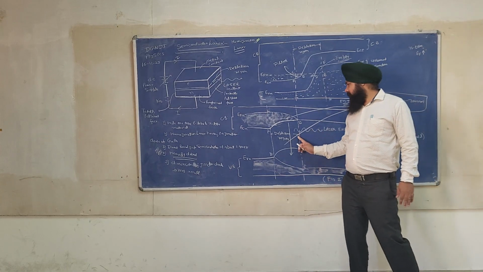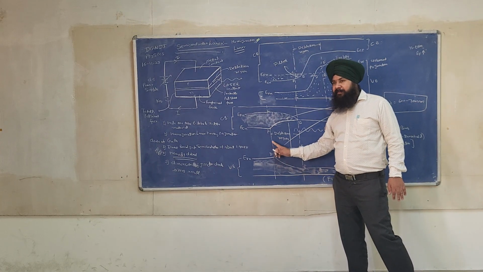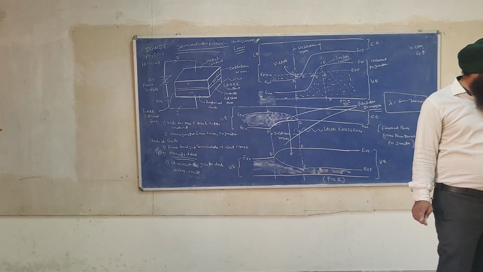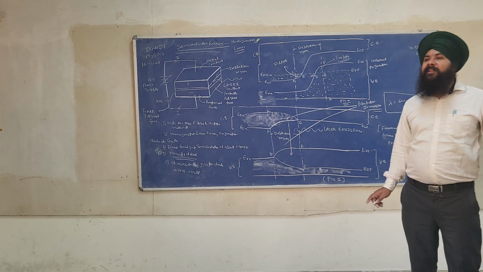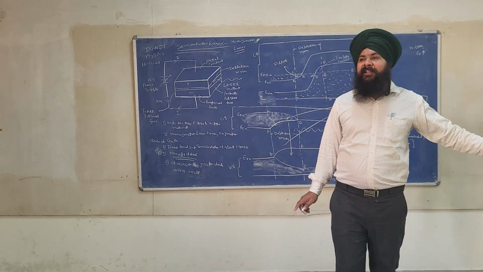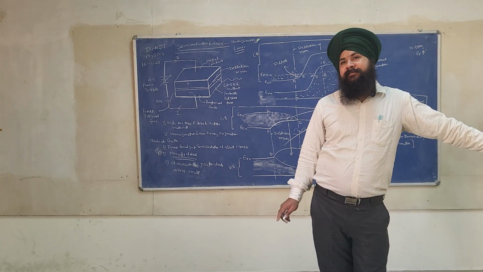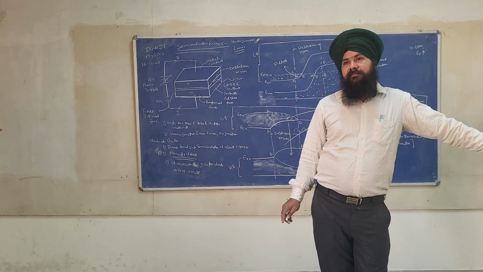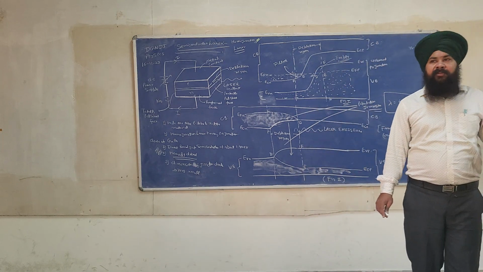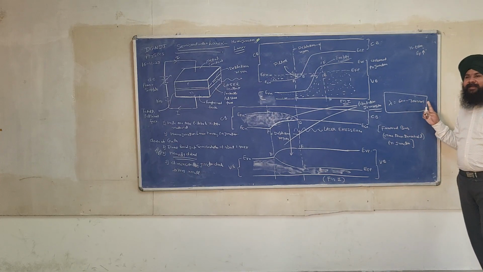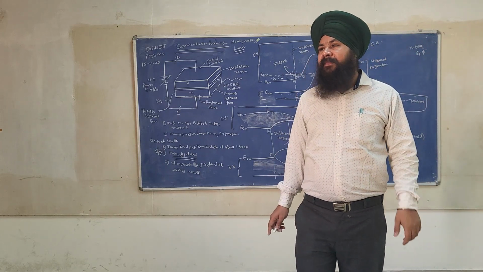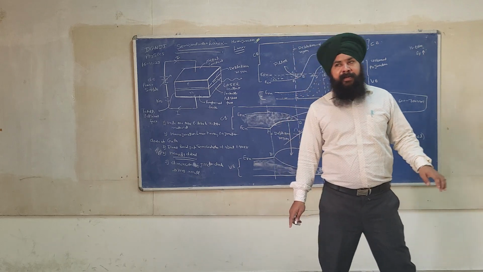And see, the size of the depletion region is comparable to the wavelength of visible light. Now see, this 600 to 700 nanometer comes under the range of visible light. What is the wavelength range of visible light? 350 nanometer to 700 nanometer. Okay.